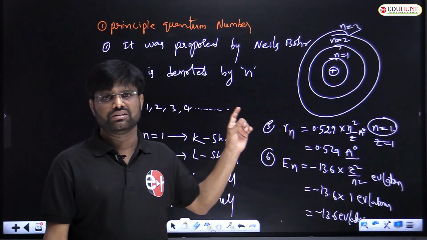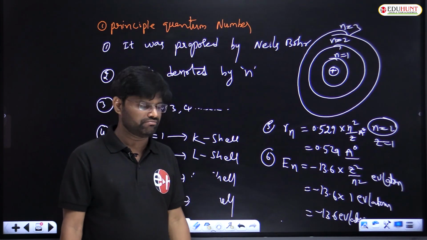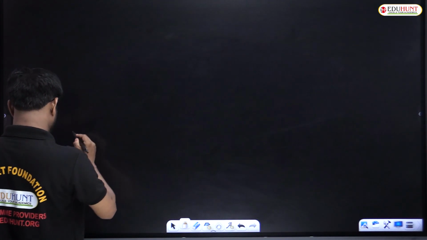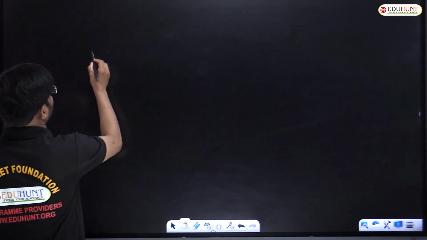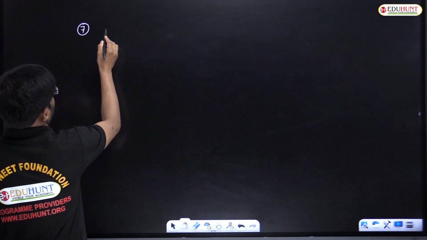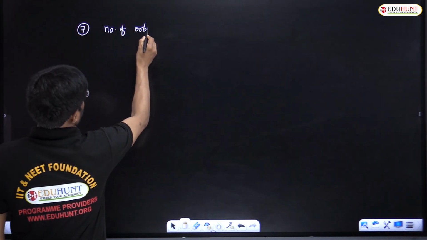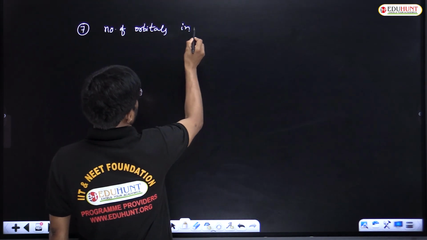That was proposed by Niels Bohr. Next, the 7th point: number of orbitals in the nth orbit.